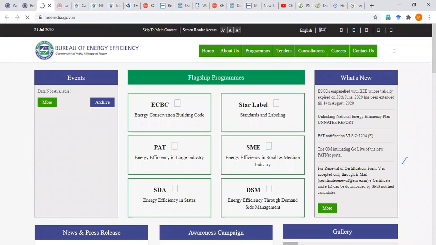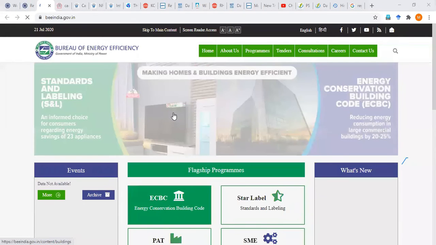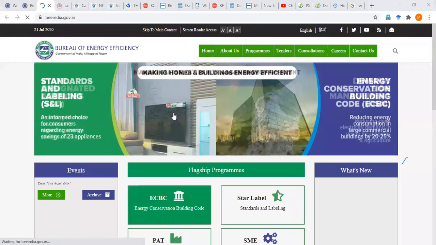From different schedules, they're conducting the exams related to energy manager as well as energy auditor. So yeah, for your betterment as well as for your future, you will get most of the things.